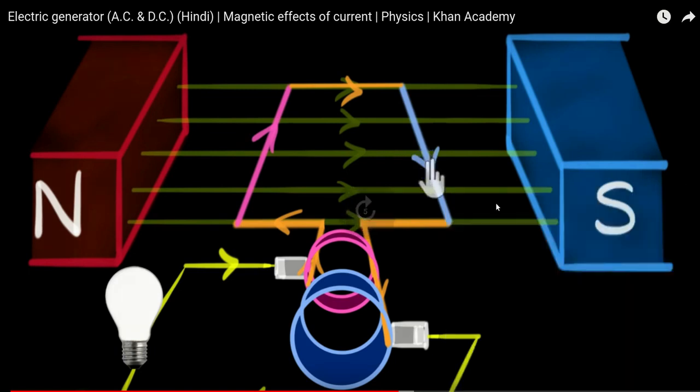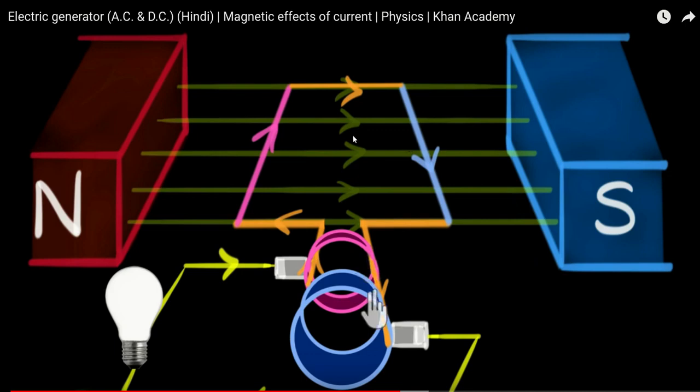So now what happens, where in the pink line we saw that the force is upward, so the current is into the screen, correct? And in this blue line, since the force is downward, the current is out of the screen, coming towards you.